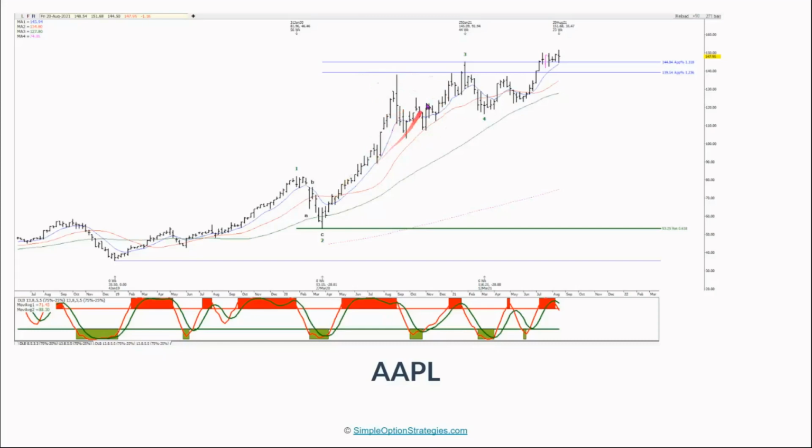So the reason I said that, George, is if I didn't know what happened here, I would say probably, yeah, it could be a wave 5. However, if I were looking at maybe a 60-minute chart, it probably would be obvious this was not a wave 5. But look at it this way too.